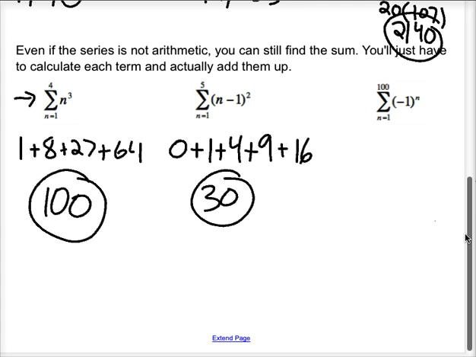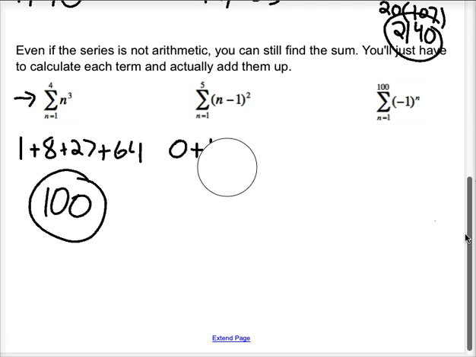All right, and this next one kind of has a cool trick involved. I really enjoy this next one. So let's look at this series. So I plug in an n of 1. Well, negative 1 to the first power is negative 1. Negative 1 squared. Well, when you square a negative, it becomes positive. Negative 1 to the third power.